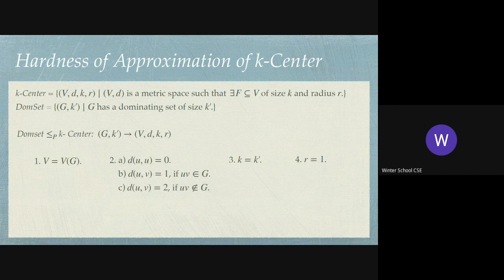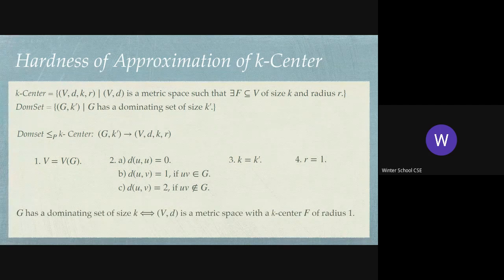V was just V(G), the set of vertices of the graph. The distance d(u, u) was equal to 0. d(u, v) was equal to 1 when u and v were neighbors, and d(u, v) is equal to 2 when u and v were not neighbors. k was equal to k' and the radius was equal to 1.